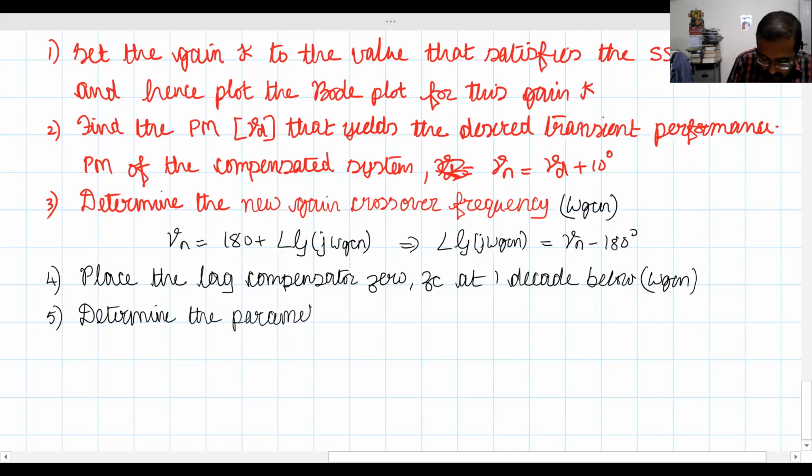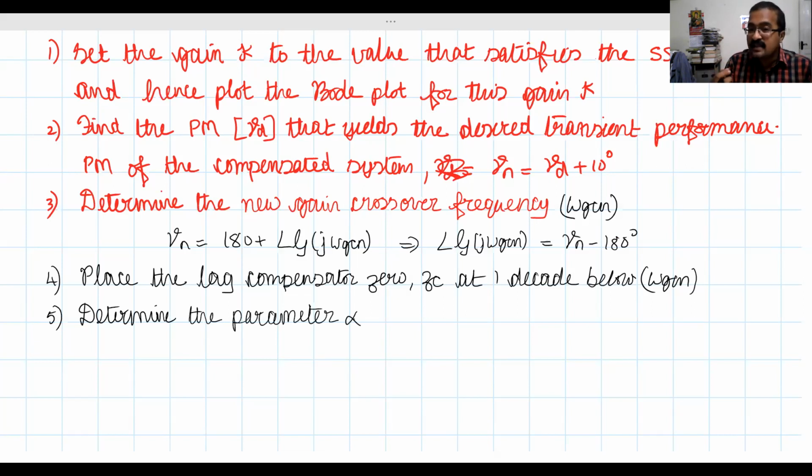So what are we basically doing? By adding a lag compensator, we are pulling down the Bode magnitude plot downwards, so that we get omega GCN as the new gain crossover frequency.